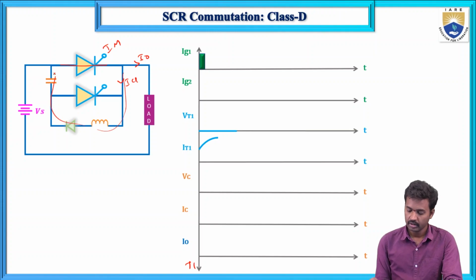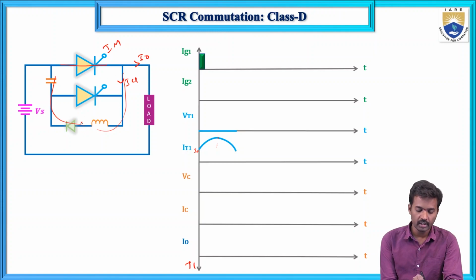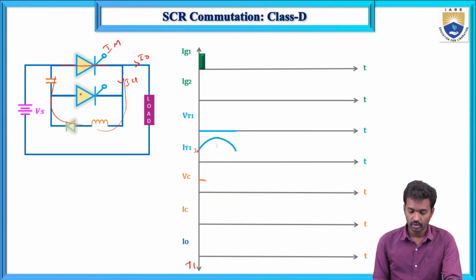The capacitor initially charges and discharges. The voltage is initially positive Vs, goes to 0 and then to negative value, minus Vs. The current IC goes from 0 to minus ICP and back to 0, and the load current is constant.